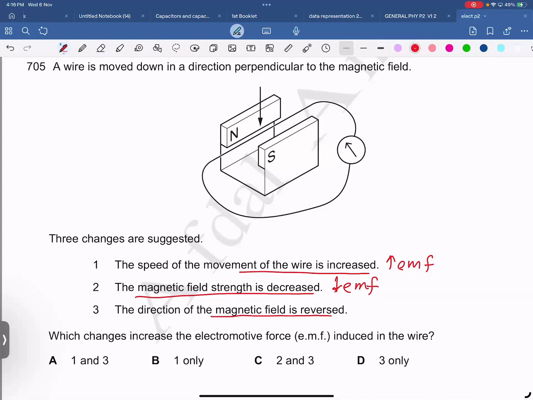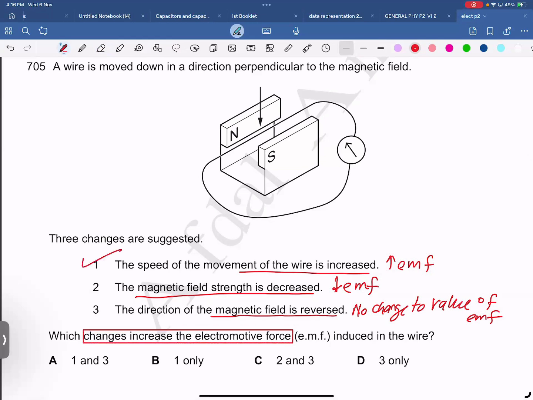Direction of magnetic field reversed: no change to the value of EMF, but the direction will be reversed. So which changes increase the EMF? Only the first one. So option B. The second causes less EMF, the third causes opposite EMF.